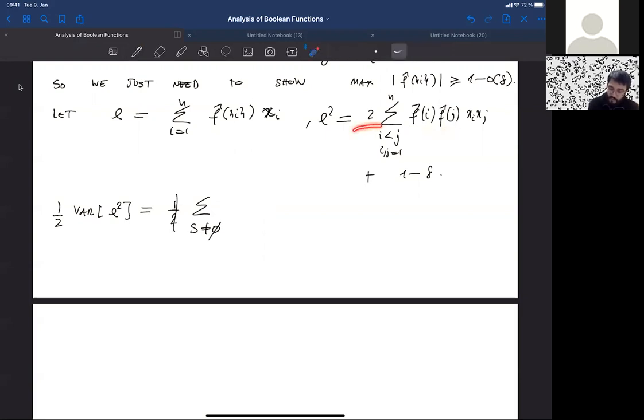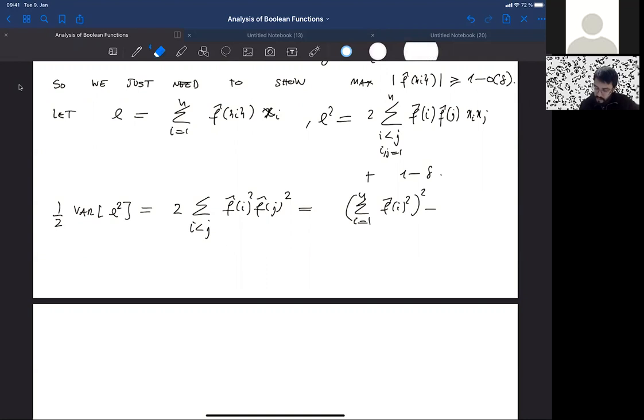So you get a 4, but with this a half here, so you just get a 2 times the sum over i different from j of f hat i f hat j squared, which if we add and remove the diagonal, we get exactly the square of the sum of f hat i squared minus the sum of the squares of the diagonal.